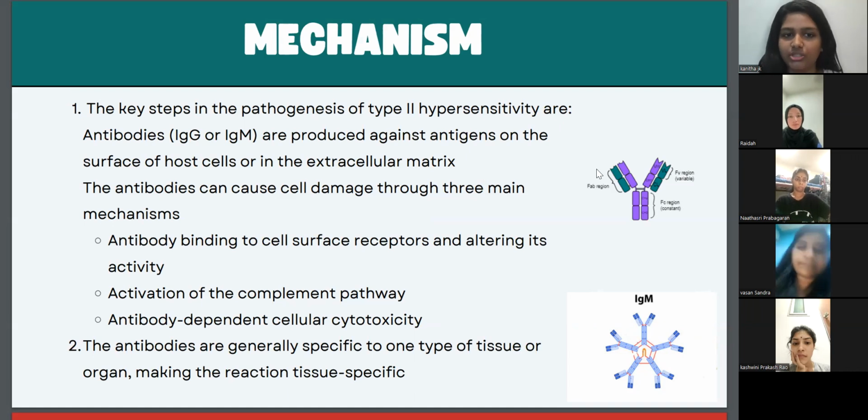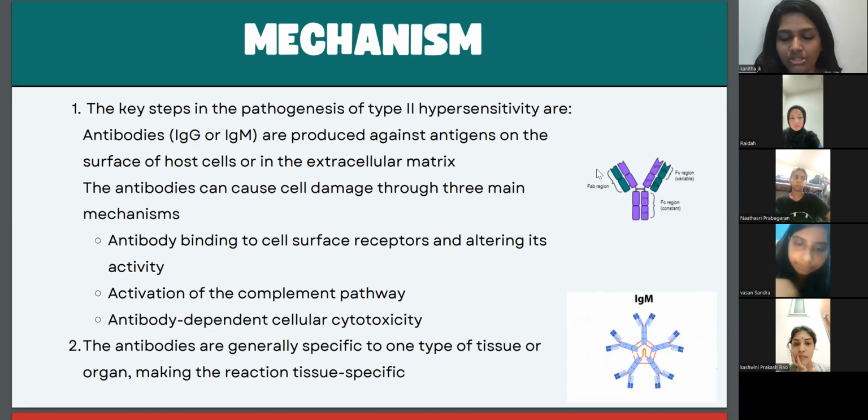These antibodies can cause cell damage through three main mechanisms. The first is antibody binding to cell surface receptors and altering their activity. Second, the activation of the complement pathway. Third, antibody-dependent cellular cytotoxicity. The antibodies are generally specific to one type of tissue or organ, making the reaction tissue specific.